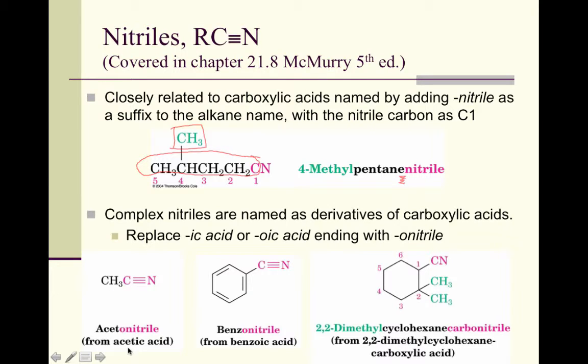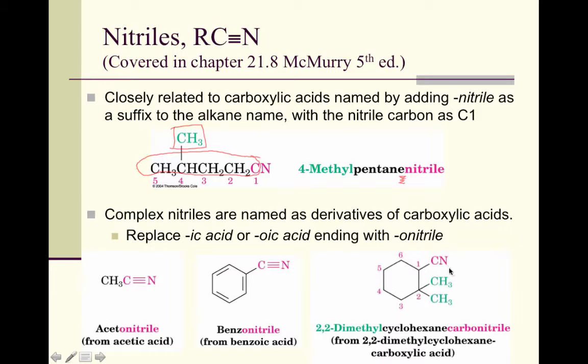This came from acetic acid, the common name acetic acid, and it's actually used more than ethanoic acid. Acetic acid, the acet part stays, the ic acid is removed, o-nitrile is added. If this carbon was a carboxylic acid instead of a nitrile, it would be known as benzoic acid. Taking off the oic acid ending and adding onitrile, benzonitrile.